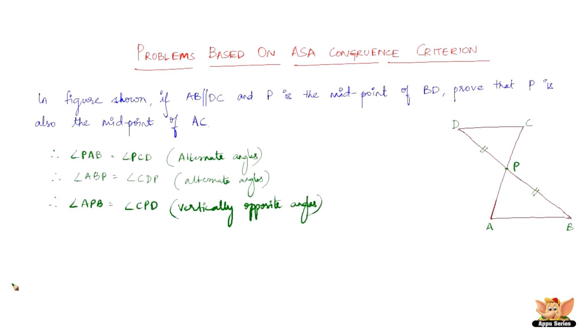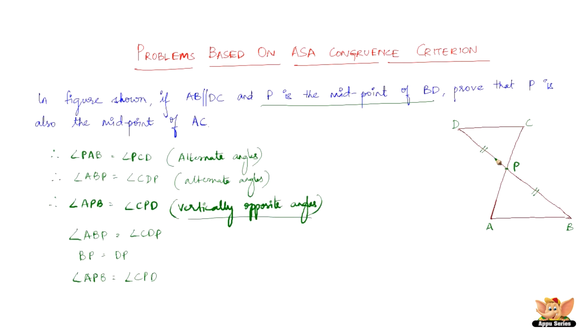So now, in the triangles APB and CPD, we have angle ABP equal to angle CDP, and we have BP equals DP because they've already told us that P is the midpoint of BD. And angle APB equals angle CPD, which is also proved because they are vertically opposite angles.